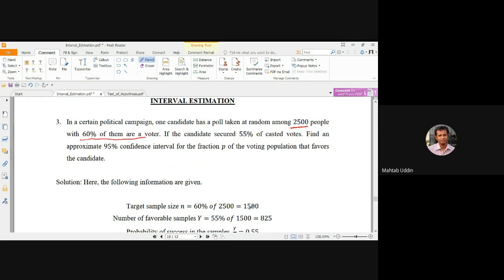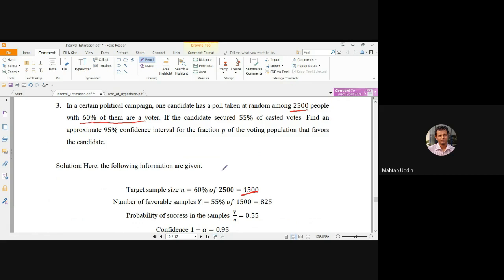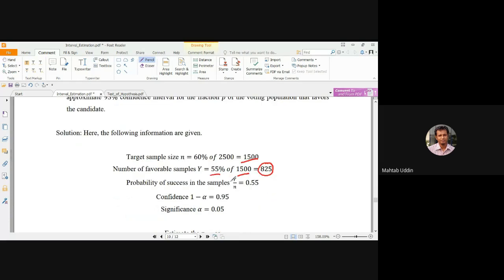That is, the voters are 1,500. And if the candidate secured 55% of the voters, then 825 are in favor. So the probability of success, y by n, is 0.55.